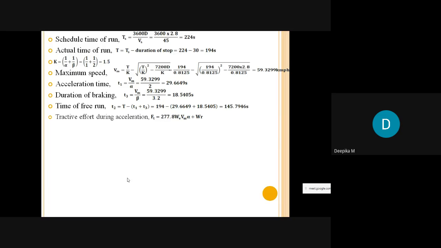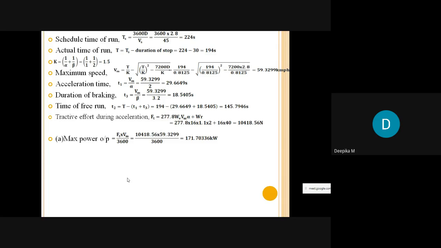And the tractive effort during acceleration. Remember, it is only the tractive effort during acceleration. If they ask you the tractive effort during free run, then you need not add the acceleration term. So the tractive effort during acceleration is 277 WE Vm alpha plus WR. Substituting all the data, you will get 10,018.56 Newton.